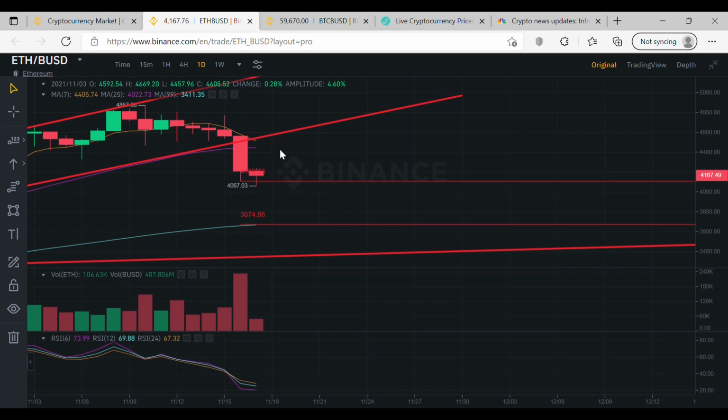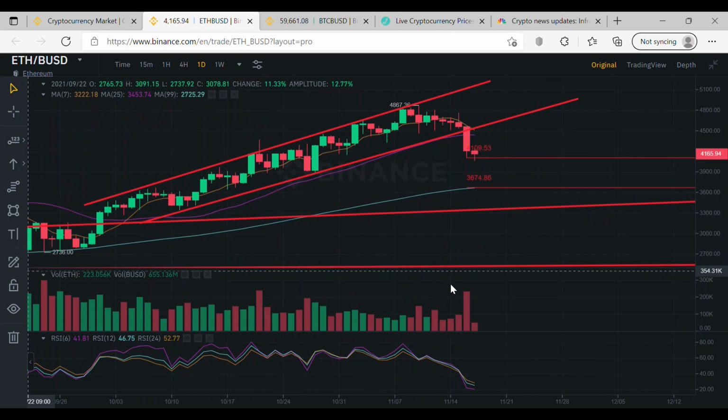So let's see. Now we can see that the selling pressure is definitely there, and I think that this line will most probably not hold as it is currently.